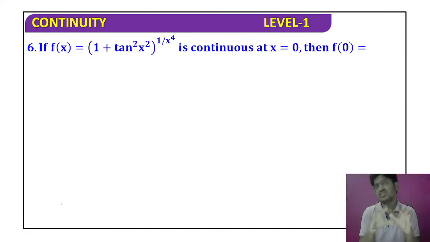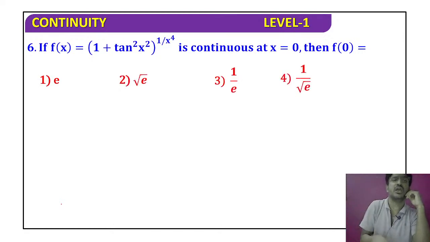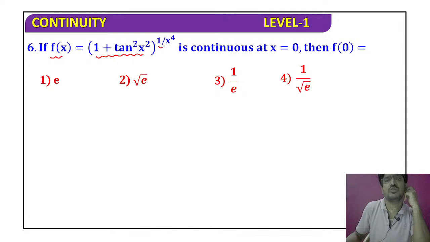I am going to explain a very important concept that you have not studied, so you have to concentrate and try to make notes of this. See here, f of x is the given function, 1 plus tan square x square to the power of 1 by x raised to 4, and it is continuous at x equal to 0. Then they are asking for f of 0. See, they have given that it is continuous.